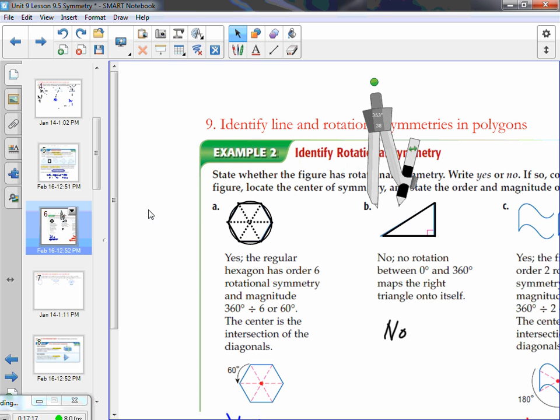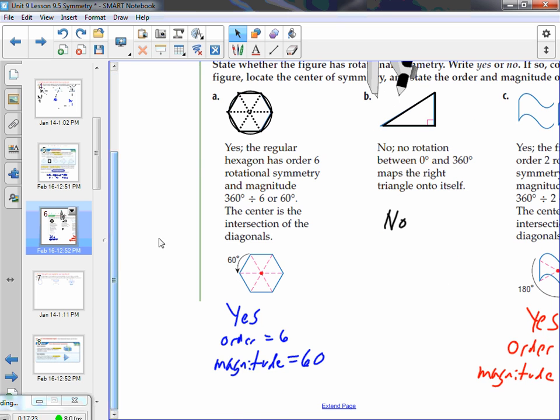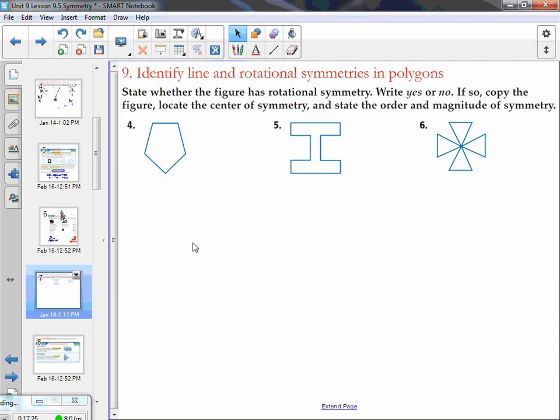Okay. All right. So how we doing with rotational symmetry? What do you think? Yeah, I think so. All right, let's see, though. So back over to page 656, 4, 5, and 6. State whether the figure has rotational symmetry. Write yes or no. If so, you don't have to copy it, but you do have to state the order and the magnitude.